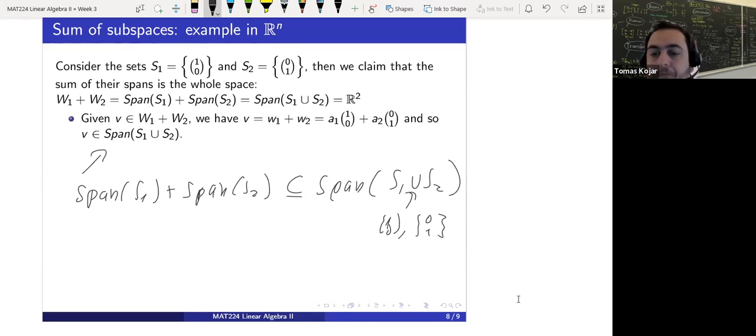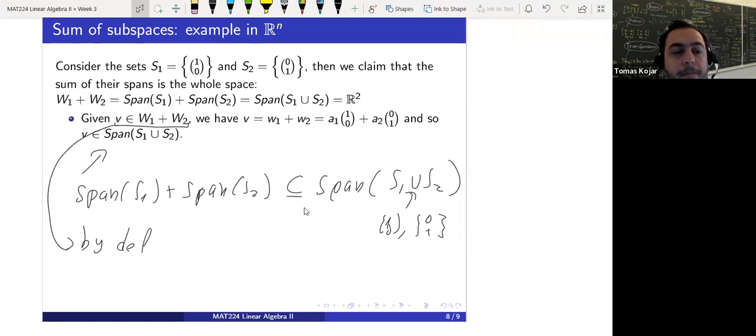Let's show that first. You take an element V from this sum; by definition, V will equal W1 plus W2. This is the definition for being in this summation.